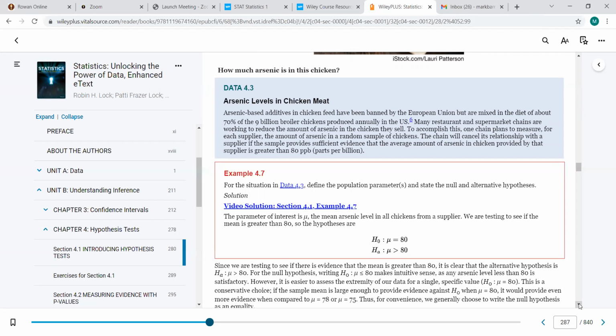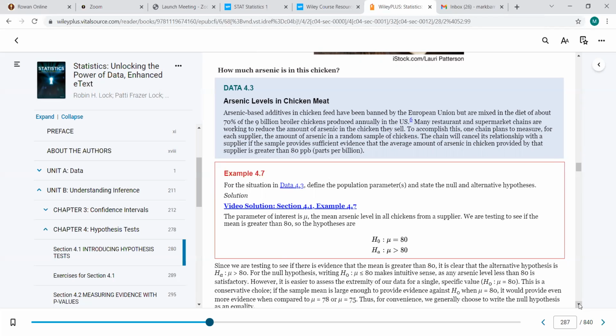Well, according to the USDA, the United States Department of Agriculture, anything less than 80 parts per billion of arsenic in the feed, I guess in the chicken itself, is considered safe.